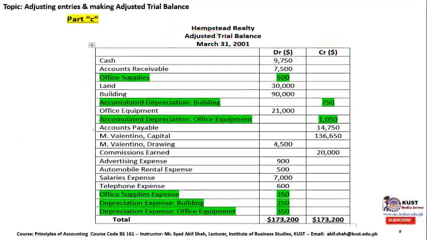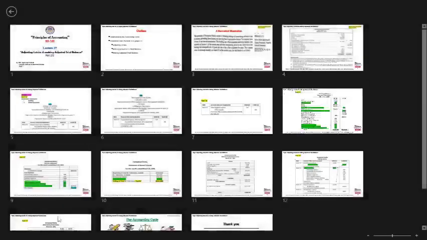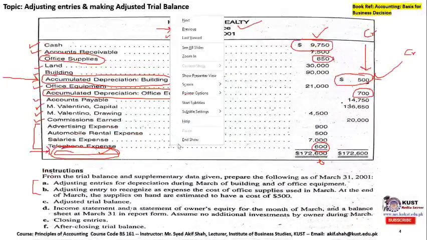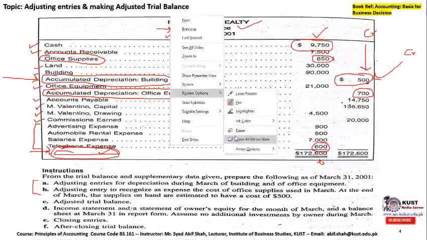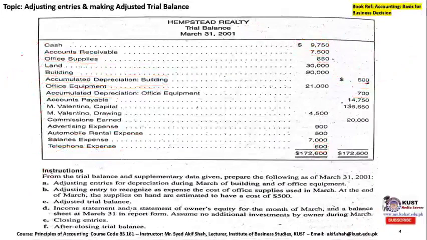Next is to go back to your trial balance once again in the question. Here we come again. Let me remove the ink so that I can elaborate in a more sophisticated way. We have accounts receivable. Its value is 7,500 in the numerical question.